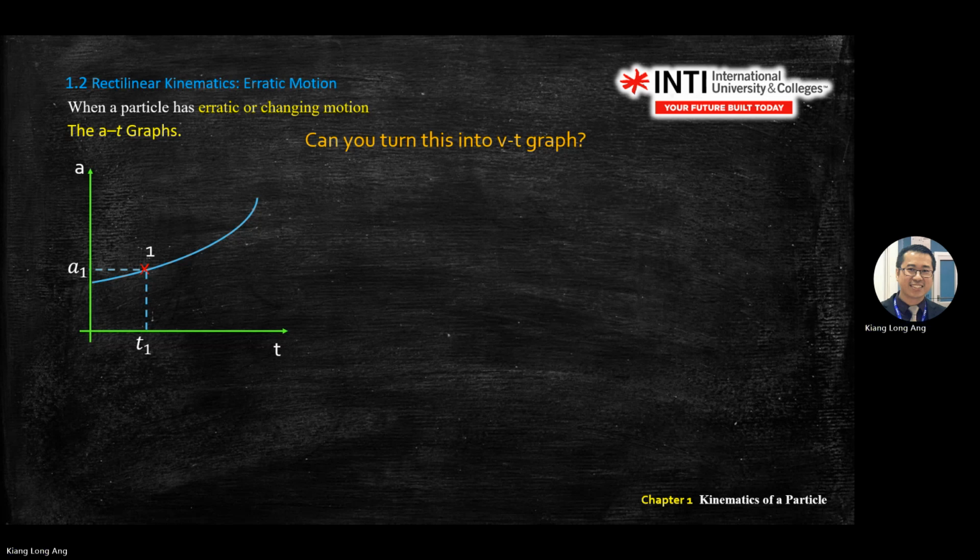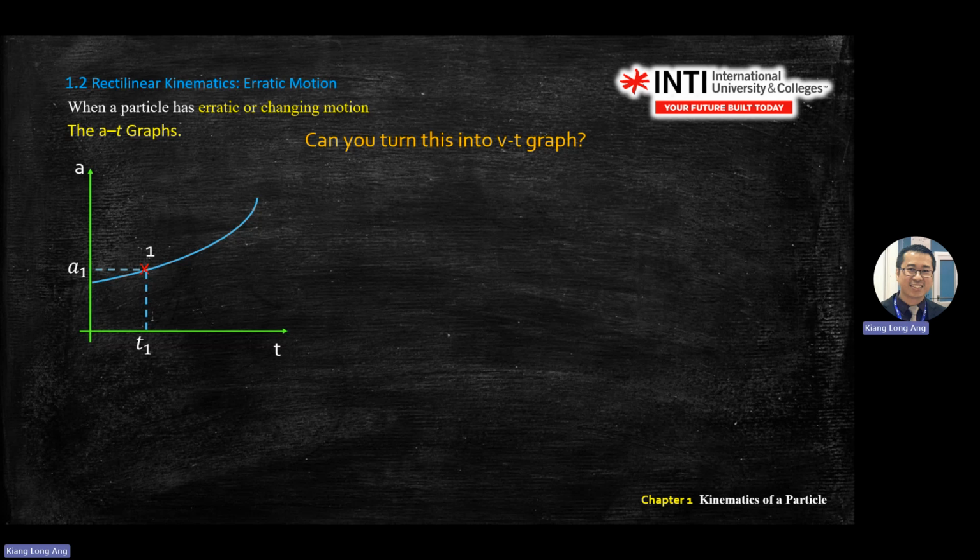Now we moved from ST, VT to AT. So if the question straight away gives you the AT graph, it asks you to develop the VT and ST graphs. How do you think you're able to convert AT to VT? What do you think? Integrate, right?